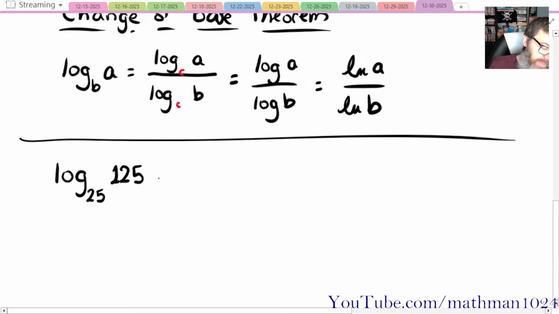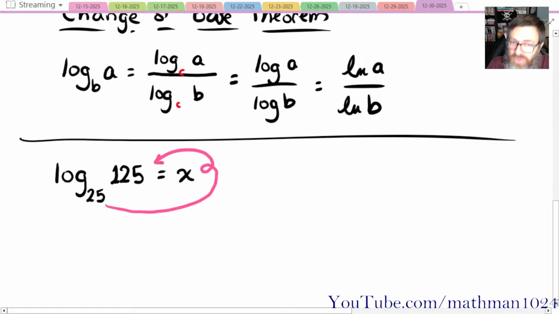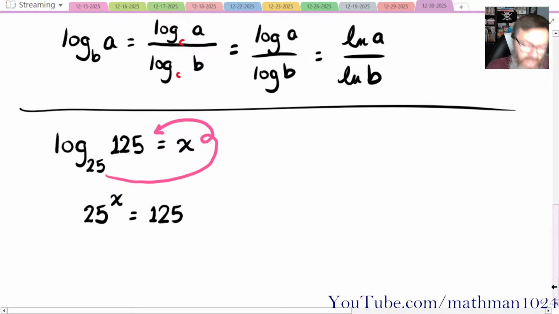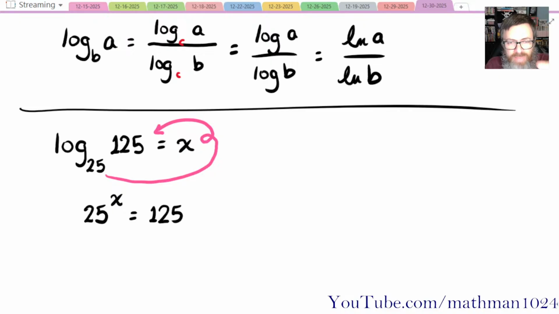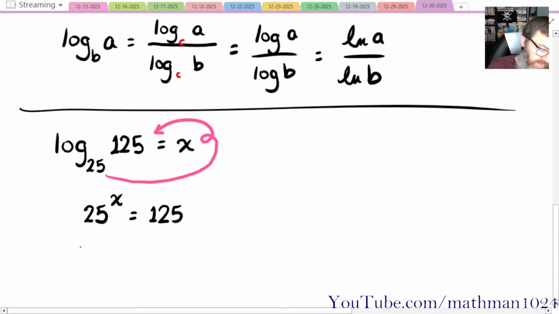One of the ways is to imagine that this is equal to some answer, which of course it's going to be x. And we rewrite this in its exponential form, which means 25 is my base. x is supposed to be the answer to the log, which is my power. And so I can rewrite this as 25 to the x power equals 125. And now you have an exponential equation that we should be able to solve. You identify the base that's common for both of these, and the common base here is 5.